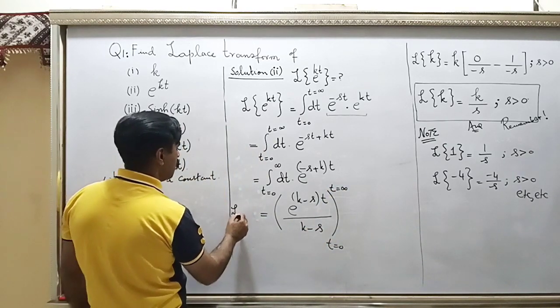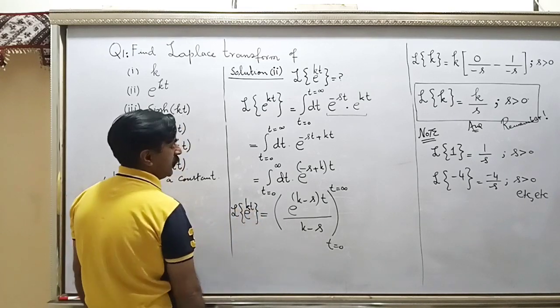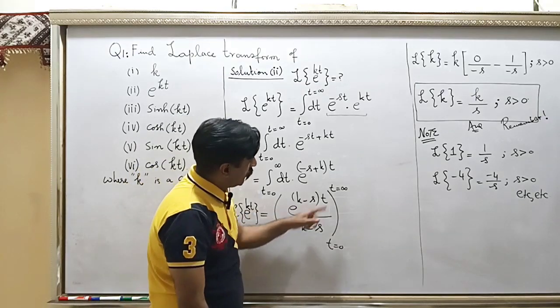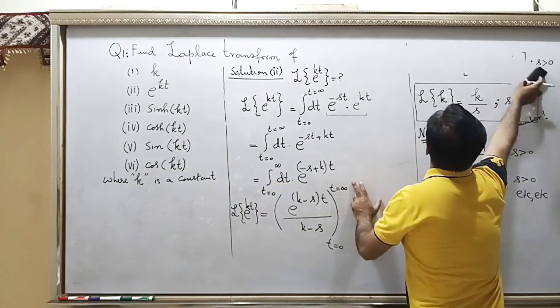On the left-hand side you have the Laplace transform of e to the power kt, right? Now you apply the limits first, and let's see what we get.